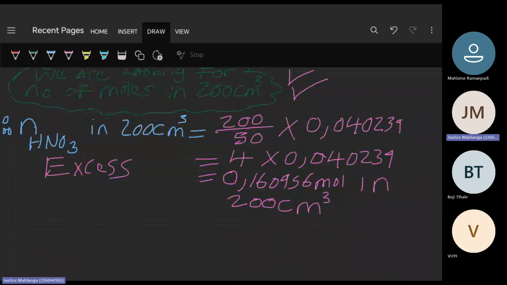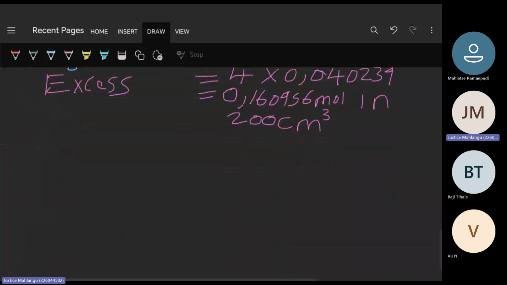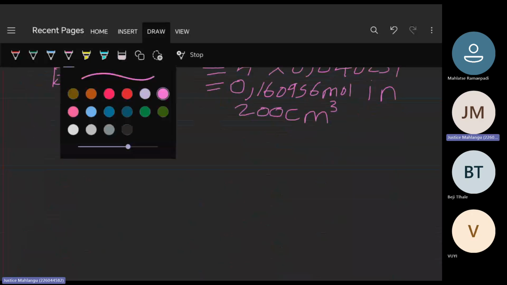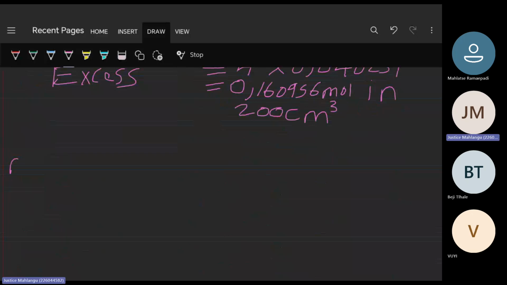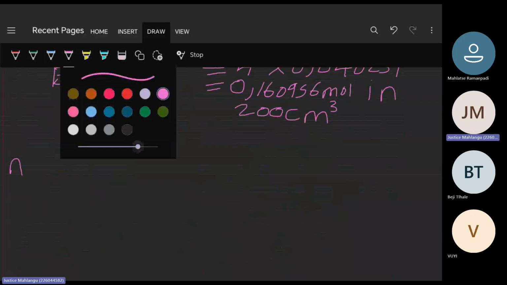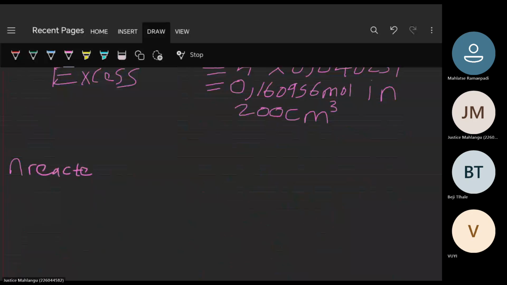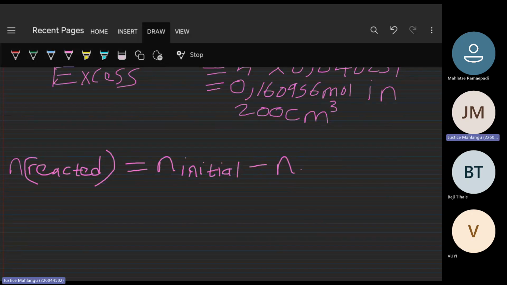Our formula says the number of moles that have reacted is equal to the number of moles initial minus the number of moles in excess.